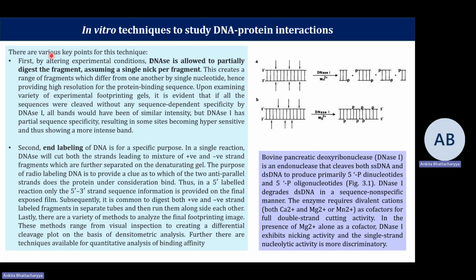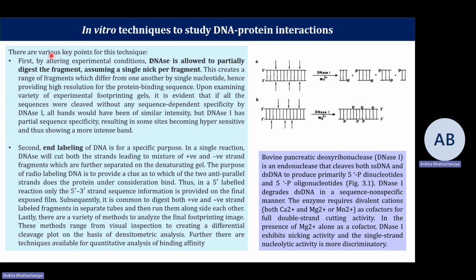This endonuclease is capable of cleaving both ssDNA and dsDNA to produce primarily 5' phosphate dinucleotides and 5' phosphate oligonucleotides. So DNase-1 degrades dsDNA, or double-stranded DNA, in a completely non-specific manner.